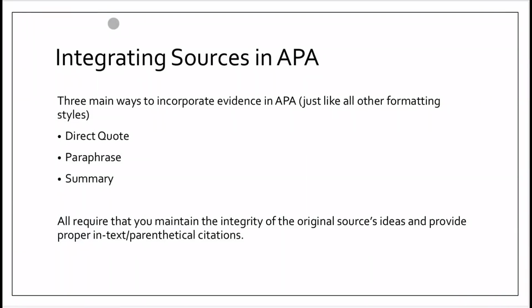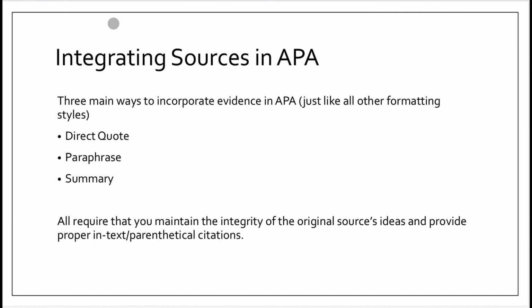All right, so like we did with the MLA video that I've done, there are three main ways that we can do in-text citations or incorporate evidence that will require in-text citations. Those are using direct quotes, and remember, we don't want to use an orphan or a floating quote. We want to use a good partial quote. We can paraphrase, which is to shorten somebody's ideas down, generally a sentence or two, or a summary.